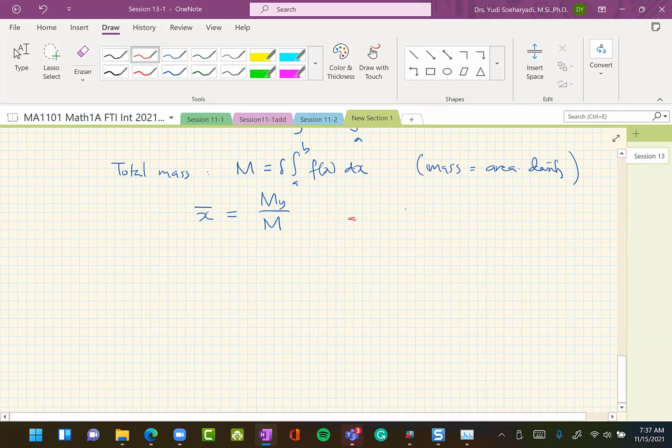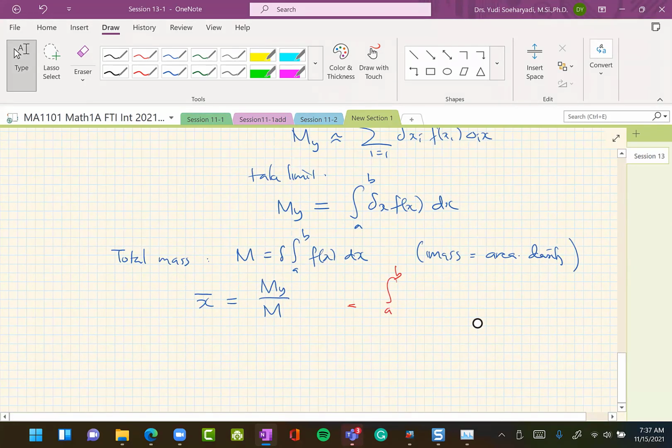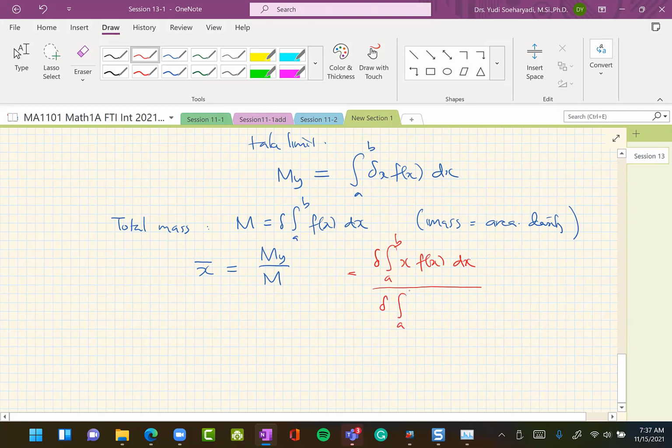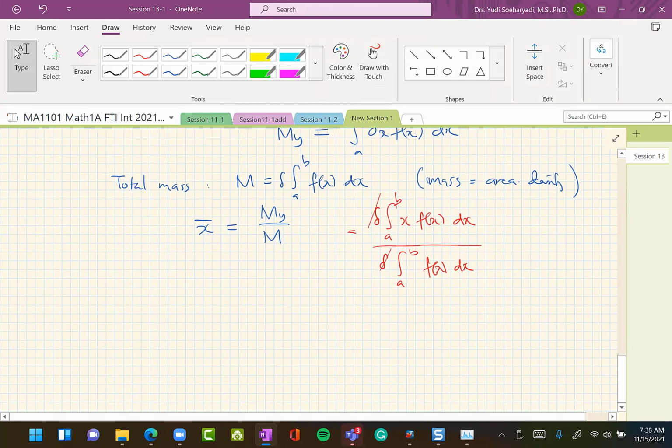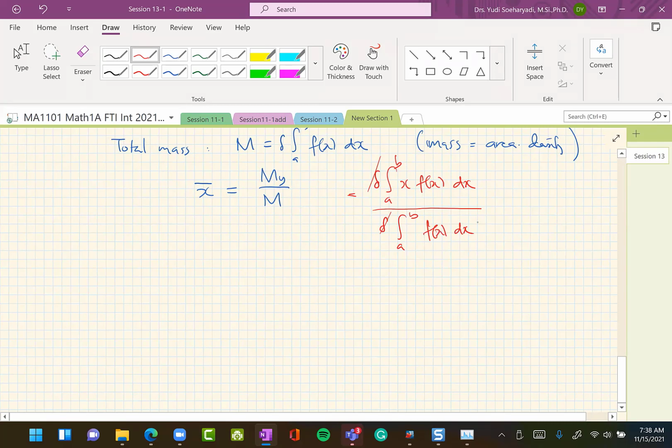If you write this in terms of integrals, you take delta out, and in this case delta cancels. So it's the integral of x f of x dx divided by this area, the integral of f of x dx. So that's the x coordinate.